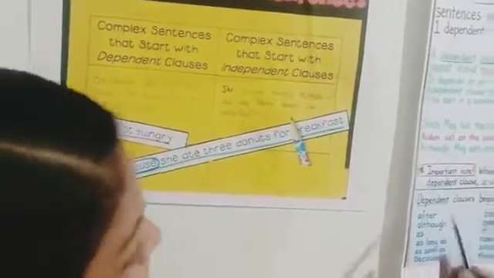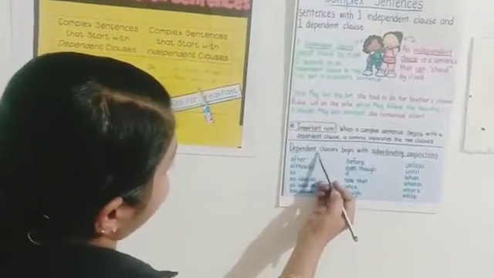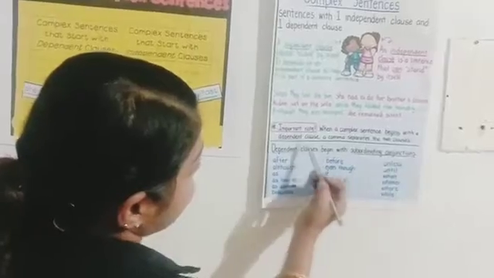Whenever you are writing a dependent clause at the beginning, you can create complex sentences in 2 methods, structure 1 and structure 2. But whenever you're starting with a dependent clause at the beginning of a complex sentence, there is one thing you have to remember. When a complex sentence begins with a dependent clause, a comma separates the 2 clauses. Okay, you have to add a comma. Okay, so see here how to create structure 2.